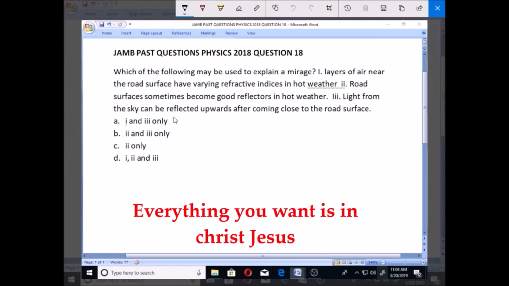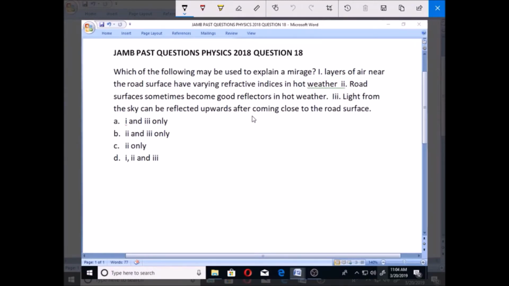Light from the sky can be reflected upwards after coming close to the road surface. So we have the following options: A. I and II only. B. I and III only. C. II only. D. I, II and III. Now, for us to be able to understand this concept very well, we need to know what a mirage is.